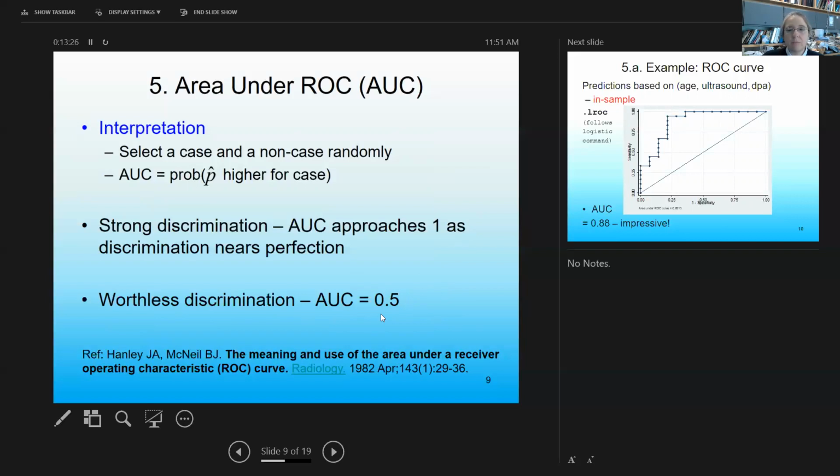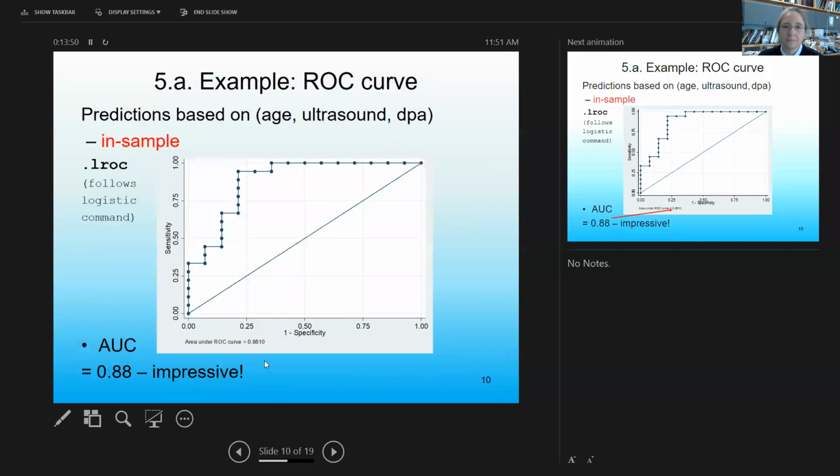And the curve area ranges between those values become increasingly good as the area increases over 0.5 and approaches 1. There's a nice reference listed at the bottom of this slide, very readable, and gives a lot of very useful information having to do with how one can employ ROC curves.